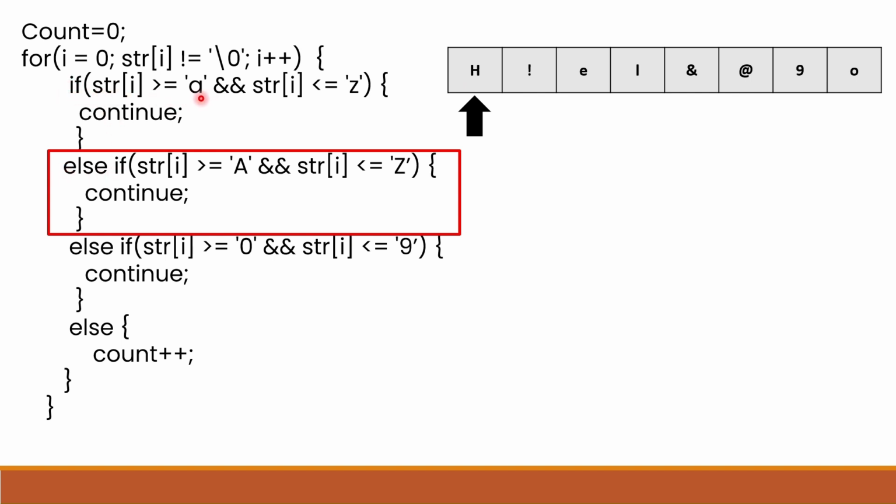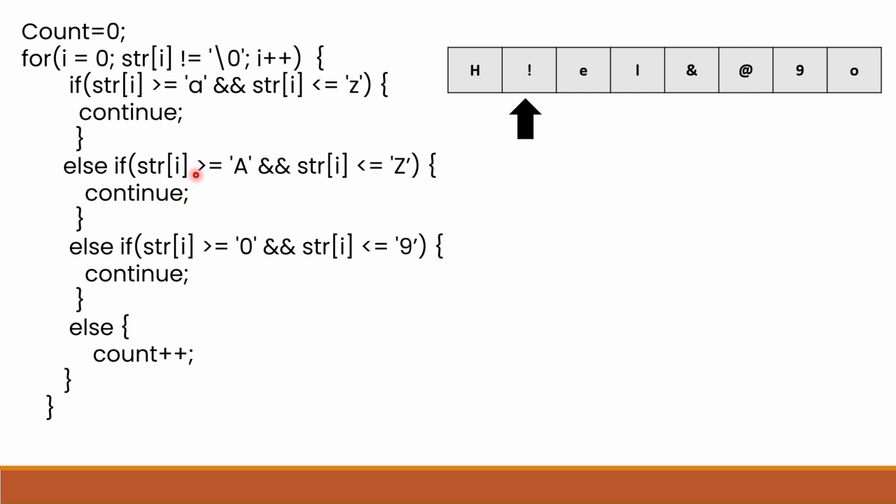It will not be satisfied because it is not a small alphabet. And next we have to go to the else if, and if we check, H is a capital letter, and so the count will be 0, which will not be incremented, and we'll be performing the continue operation, where in the continue operation we are just going to the next iteration.